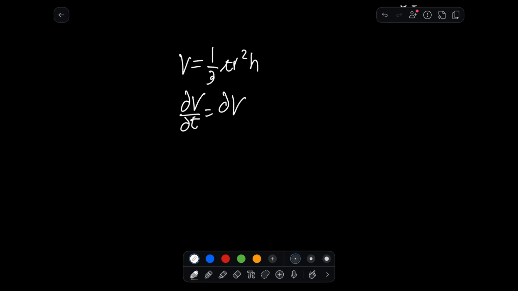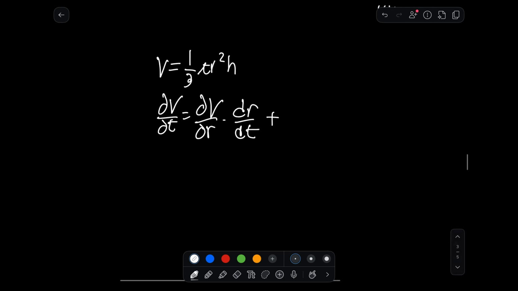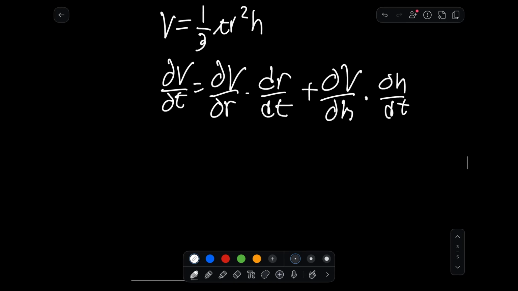So we have del v del r times dr dt. Since t is the only variable in this case, it doesn't have to be del, right? Then we have del v del h times dh dt.